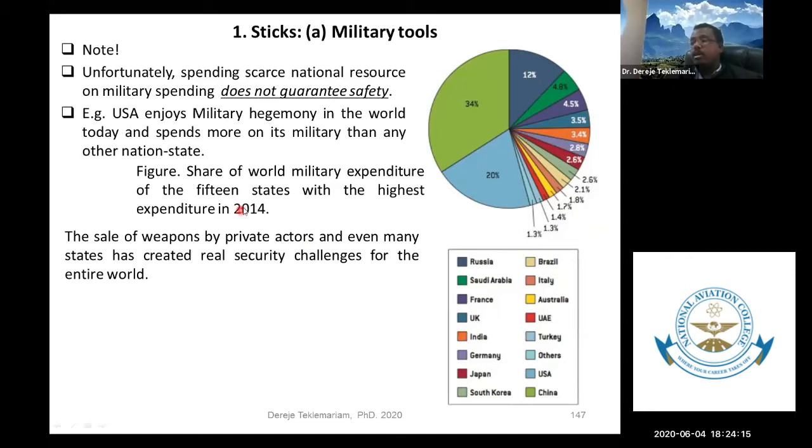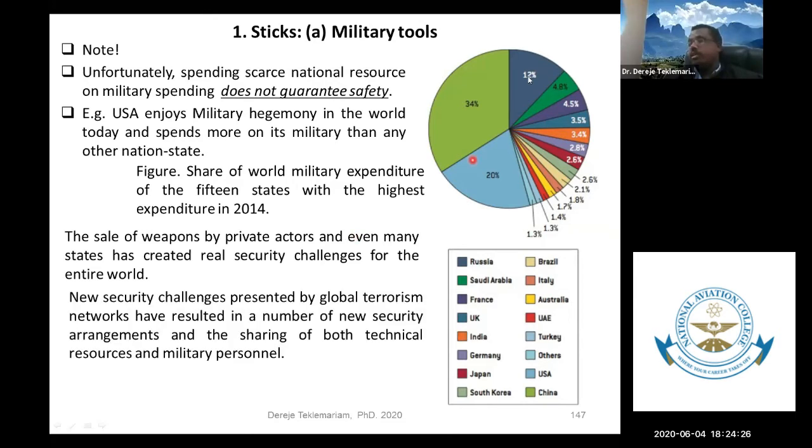If you see military expenditure, for example, Saudi Arabia spends almost 34% of its national budget on the military. Russia is somewhere around 12%, and you can see how it's really increasing. Even the smallest, like Turkey and others.